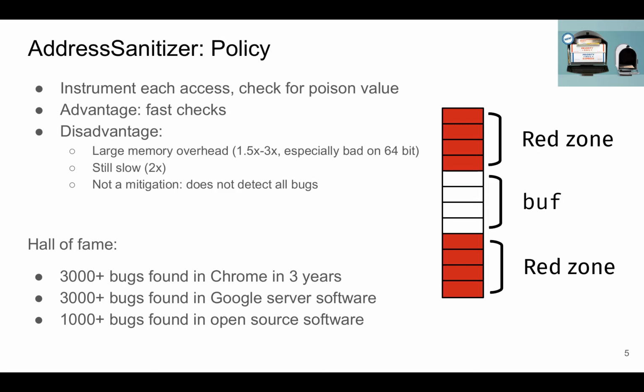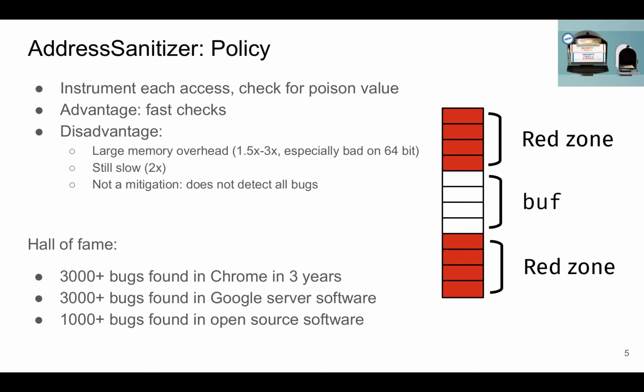So this is much simpler. But it comes at a trade-off: you cannot detect arbitrary writes that go beyond the end and actually hit another buffer, because you have no information about the pointer itself. You only know where it is being read or written.